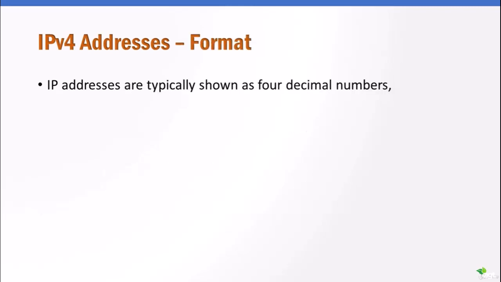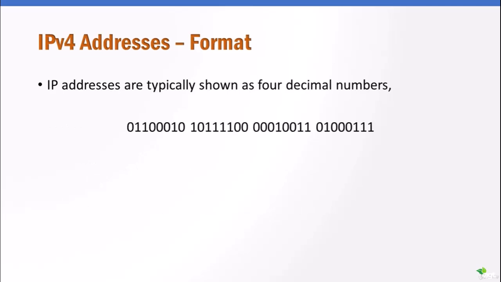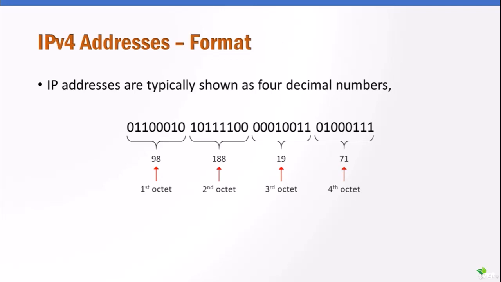But this is just a binary representation. An IPv4 address is typically shown as 4 decimal numbers, which we can see here. So this is the example from the previous slide, and these are the decimal values of the same example. And these are the octets. We count the octets from left to right.